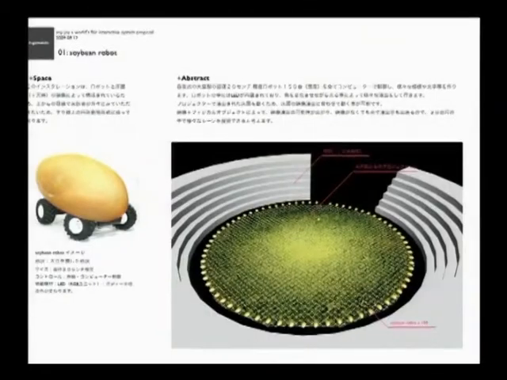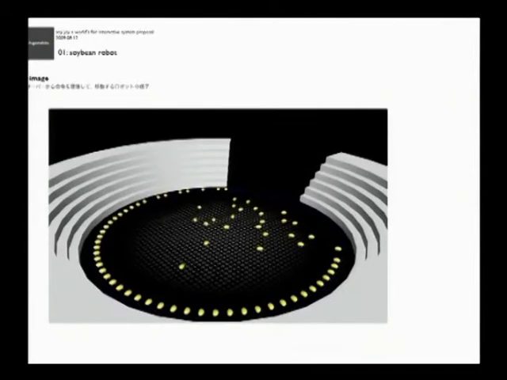So we tried to make another approach for making 3D shape or some 2D image. And we made a lot of plans for making an image. This one is making a small robot to make an image.